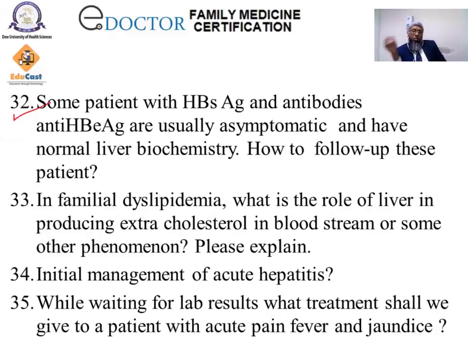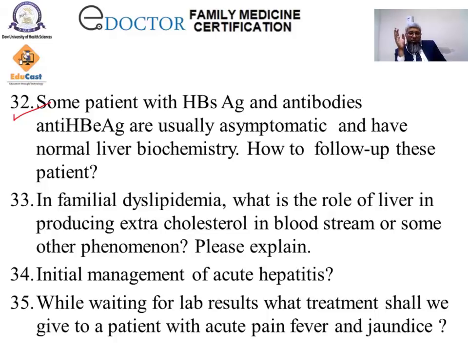Question number 32, some patients with hepatitis B surface antigen and anti-HBe antibodies are usually asymptomatic and have normal liver biochemistry. How to follow these patients? So the question is basically surface antigen positive and E antibody positive, which means they are asymptomatic carriers and they have normal ALT, normal LFTs.